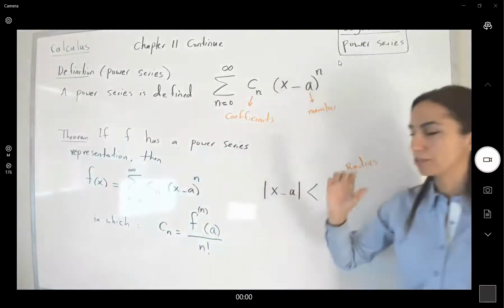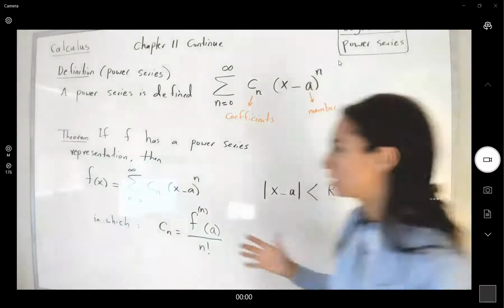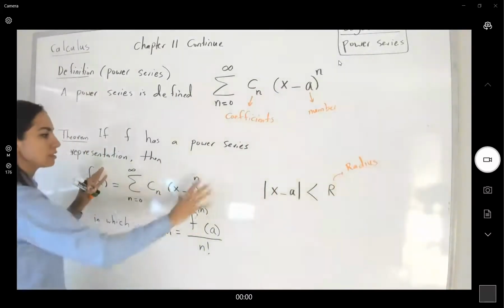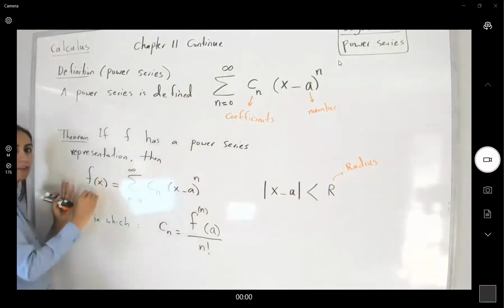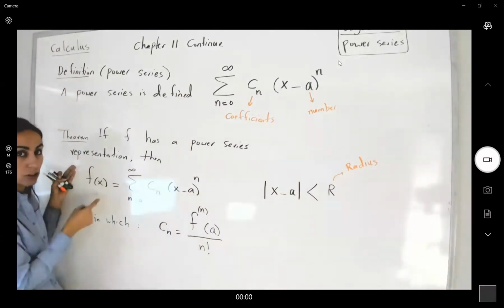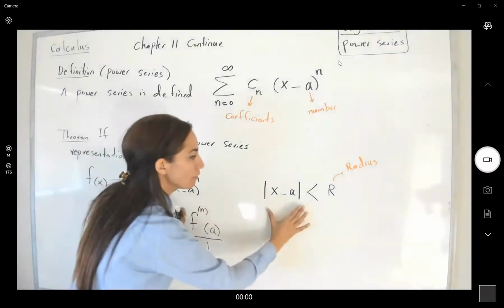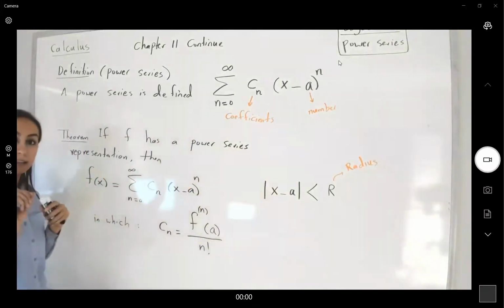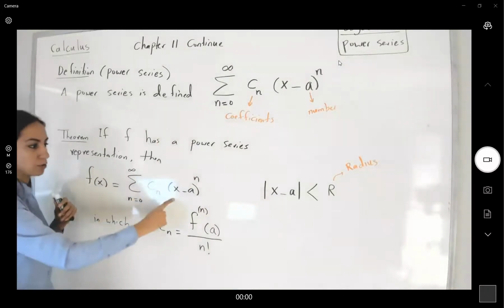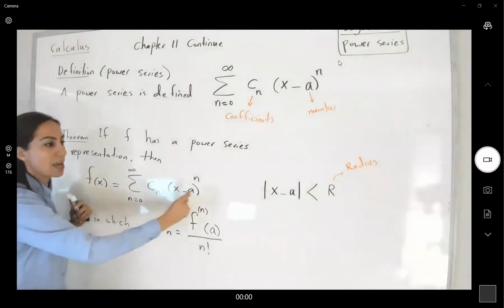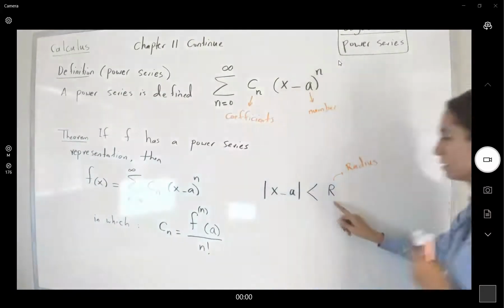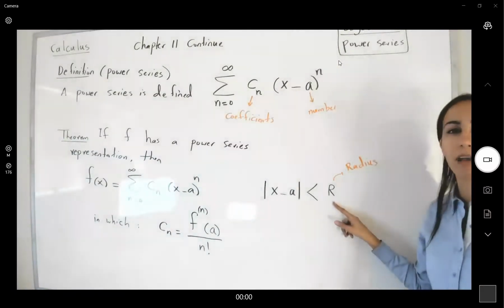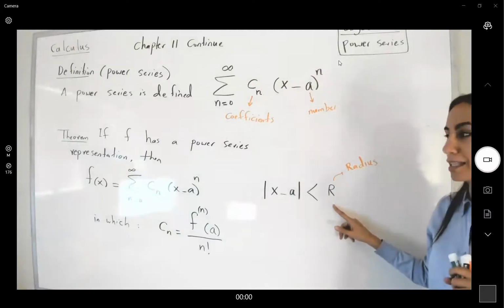When you're dealing with functions like f of x, remember that when you have a series and the series is convergent to that value, in this case a function, the distance between x and the center must be less than a radius. Later on, we're going to learn how to calculate this radius.